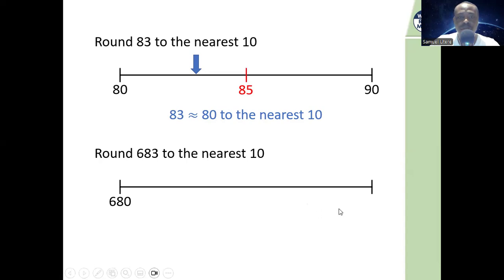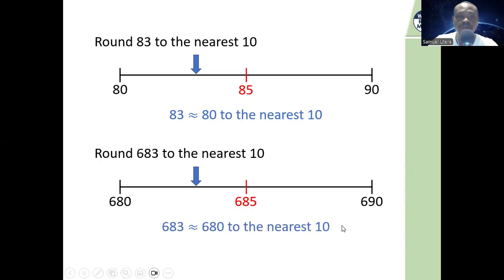The next 10 should be 690. What is halfway between 680 and 690? 685. Where could we possibly put 683? It has to be somewhere there. Now you would say, well, that's closer to 680. So 683 rounds to the nearest 10, it rounds to 680.